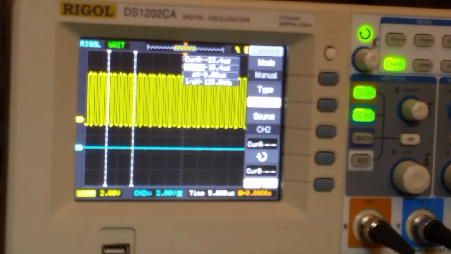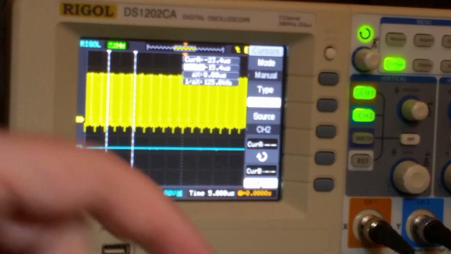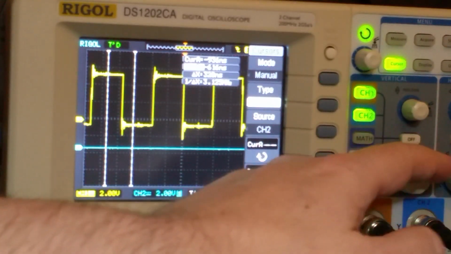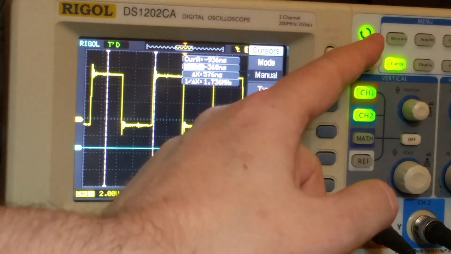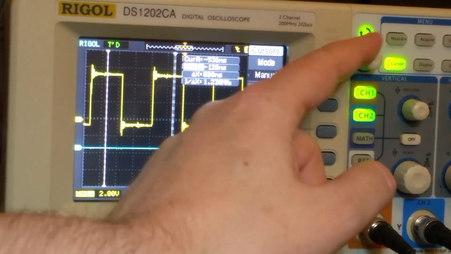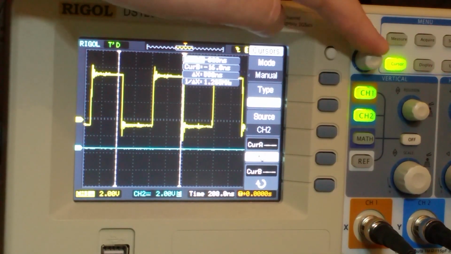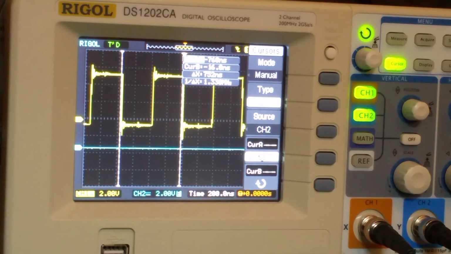Then A1 and then A0. So let's have a look at the cycle time of the lowest address bit. Going to the cursor again. So what we see here is 752 nanoseconds.